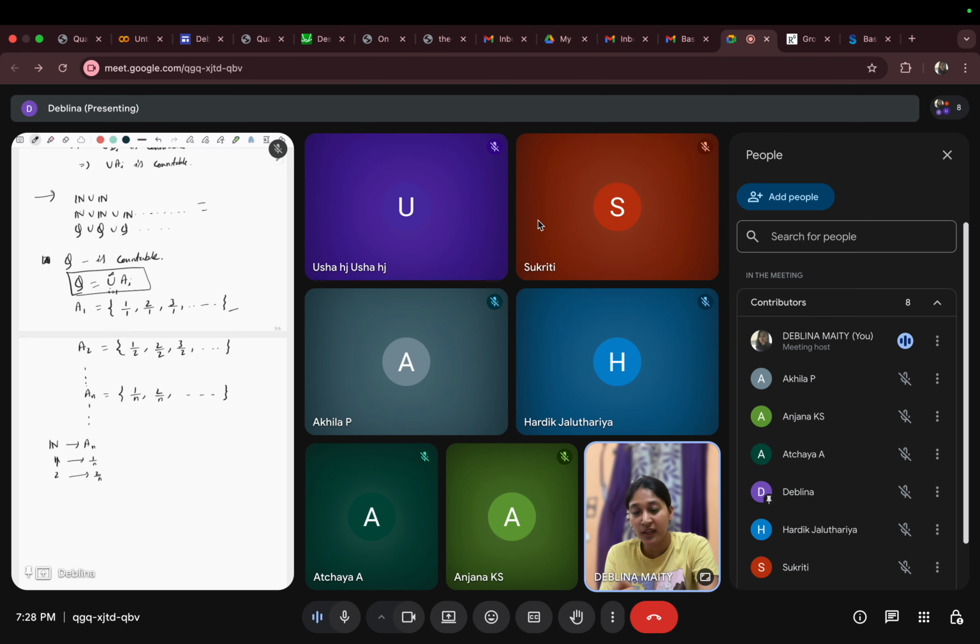So m goes to m by n. So this is the mapping. So all these AIs are countable and Q is the union of these AIs, so Q is also countable, right? This means Q is countable.